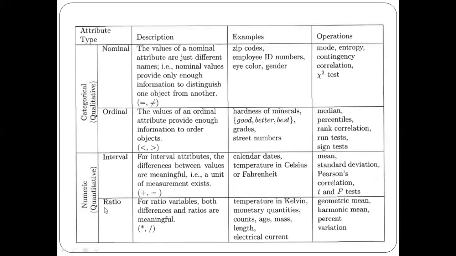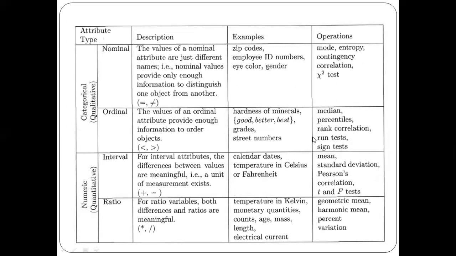The ratio attribute will have all the properties and operations which are valid for nominal, ordinal, and interval. It means that all the properties and operations which are satisfied by the upper level attribute types are inherited by the lower level attribute types here.